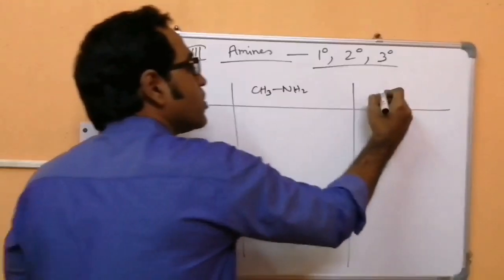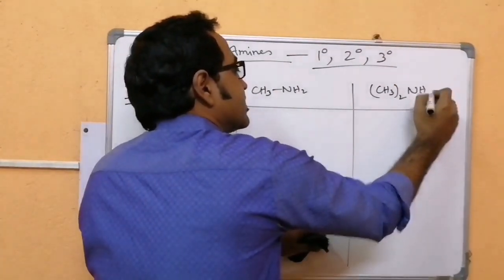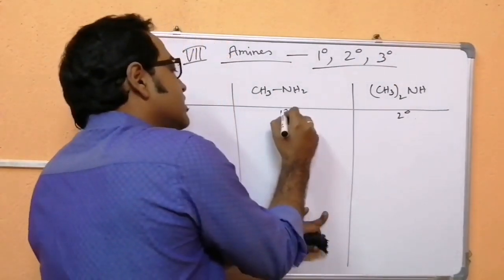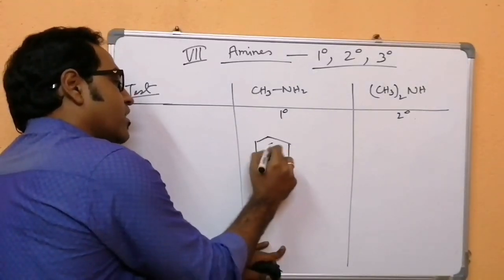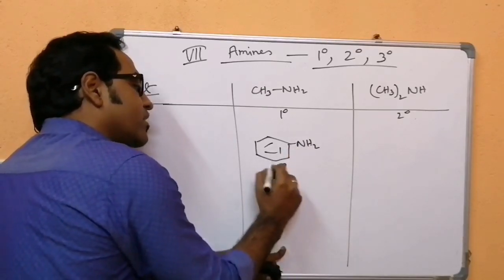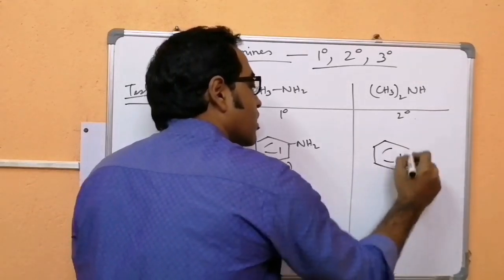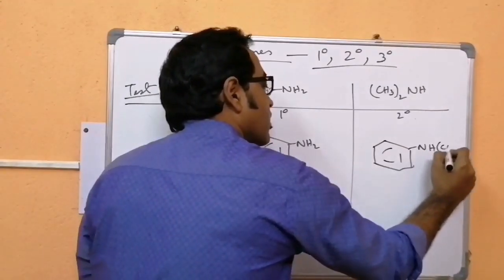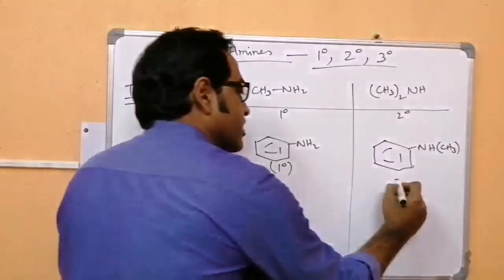CH3NH2, (CH3)2NH, this is 2 degree, this is 1 degree, or say aromatic NH2, this is aromatic 1 degree, aromatic 2 degree.